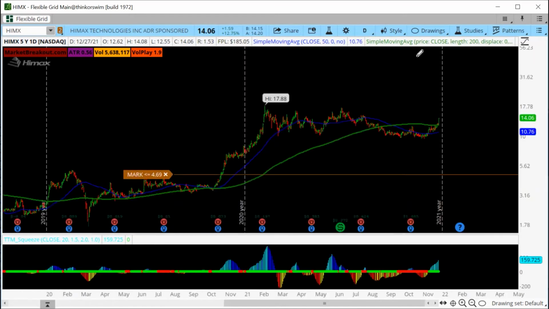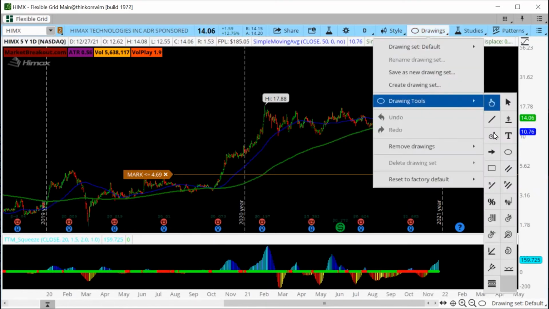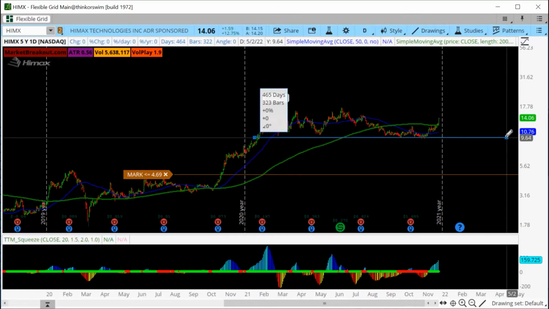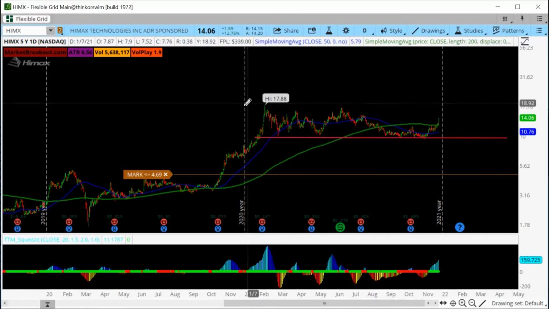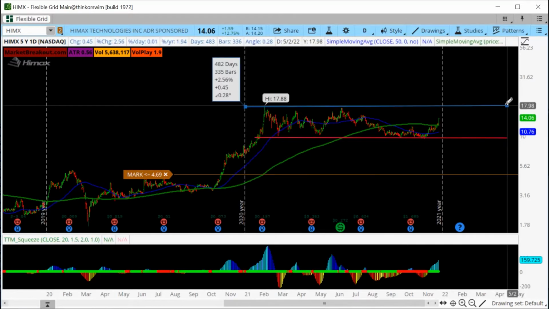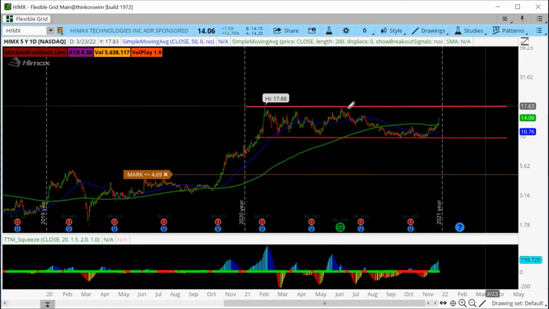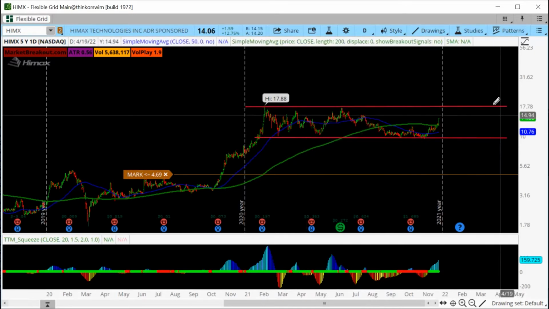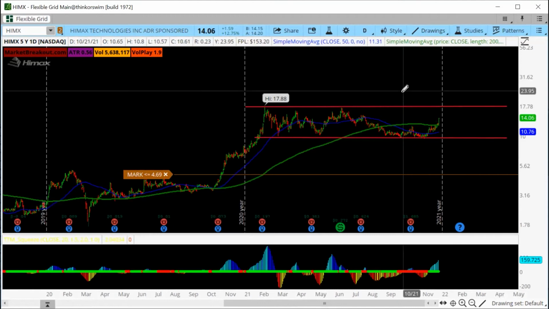Okay, this is level support. This is level support. We see some resistance here. This is about $70. $70.88.